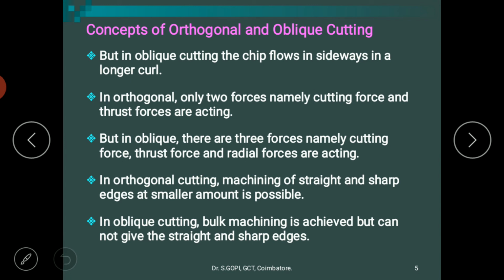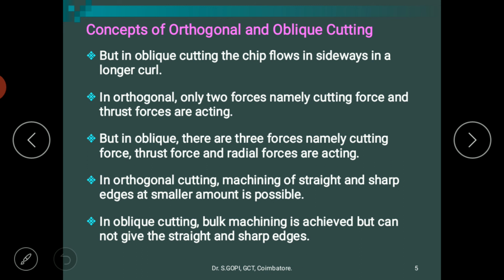But in oblique cutting, the chip flows sideways in a longer curl. In orthogonal cutting, only two forces, namely cutting force and thrust force, are acting. But in oblique cutting, there are three forces, namely cutting force, thrust force and radial force. In orthogonal cutting, machining of straight and sharp edges in a smaller amount is possible. In oblique cutting, bulk machining is achieved, but it cannot give straight and sharp edges.